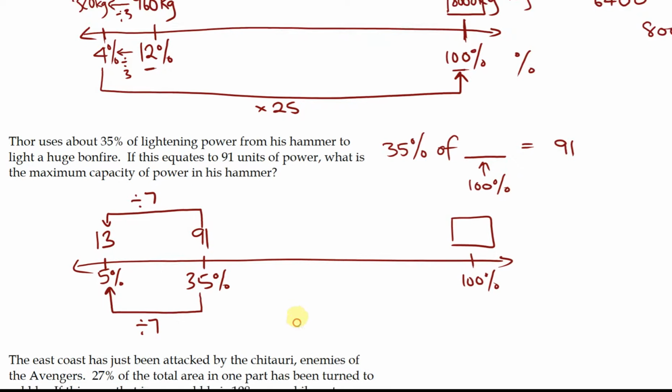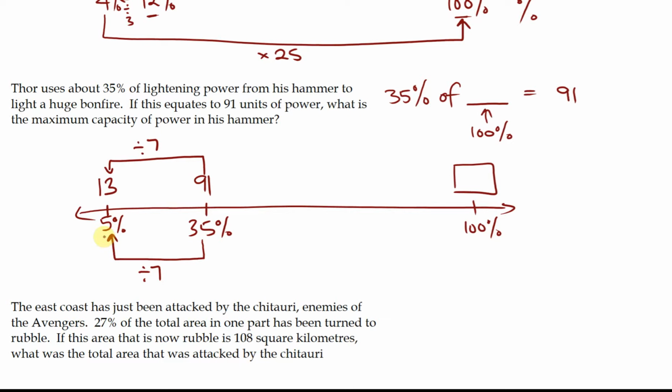Now I can see that to go from 5% right up to 100%, I need to multiply by 20, which means I need to do the same to that 13.